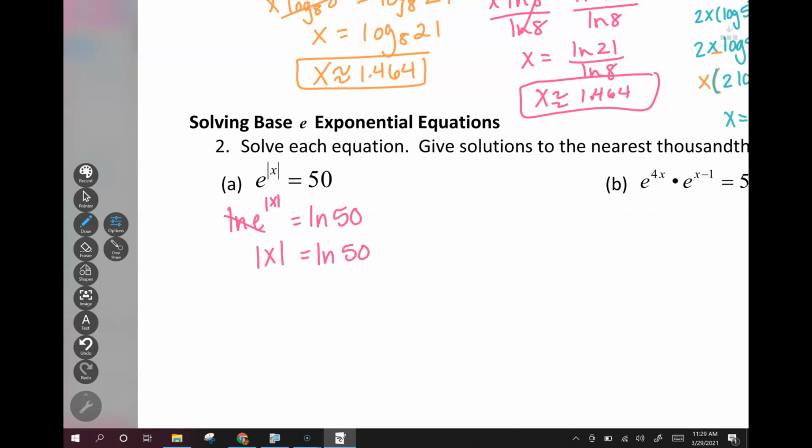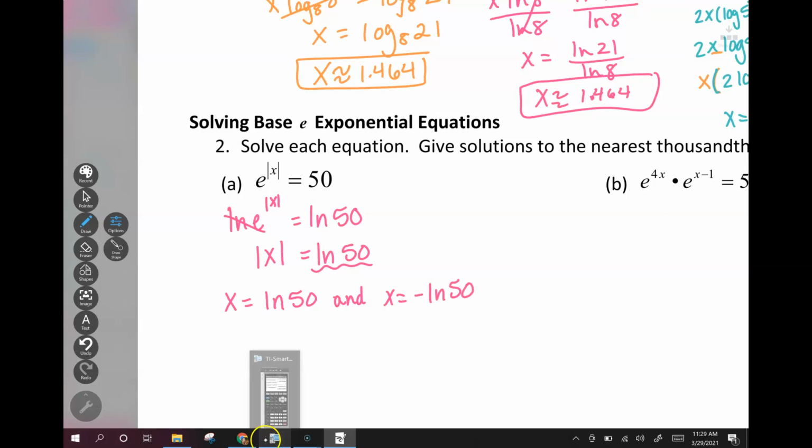Now, how do we solve absolute value equations? You might need a little refresher on that. What you do once you have the absolute value by itself like this, you're going to split it into two equations, one with a positive of this side and one with the negative. So that's going to be x equals ln 50 and x equals negative ln 50.